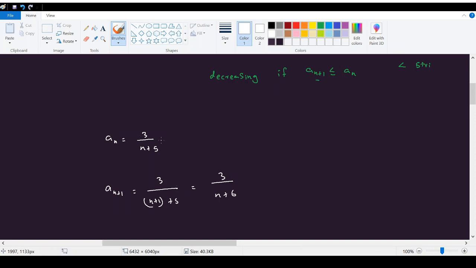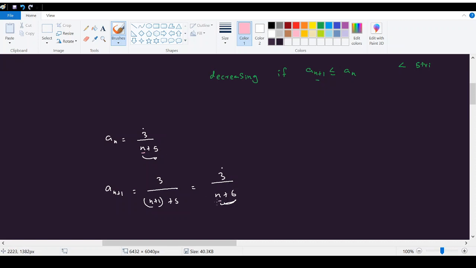Now at once you can see that the numerator is the same, but the denominator in here is less than the denominator in here, because here you have a larger value, because n is the same and 5 is added here and 6 is added here, right?